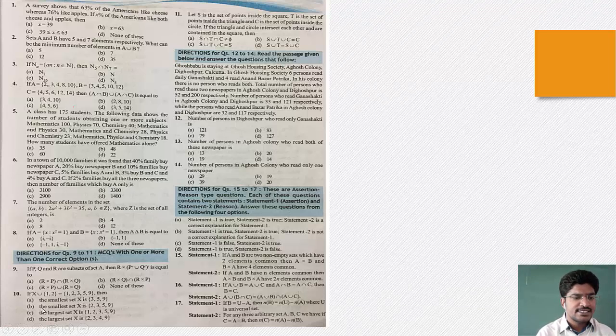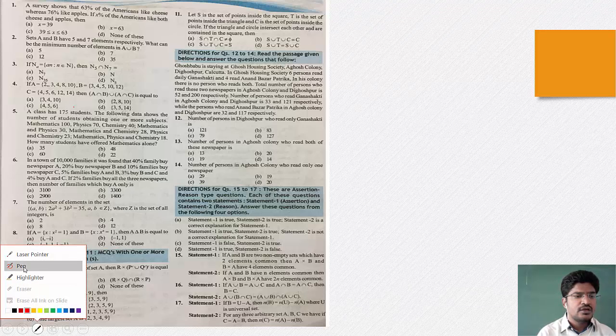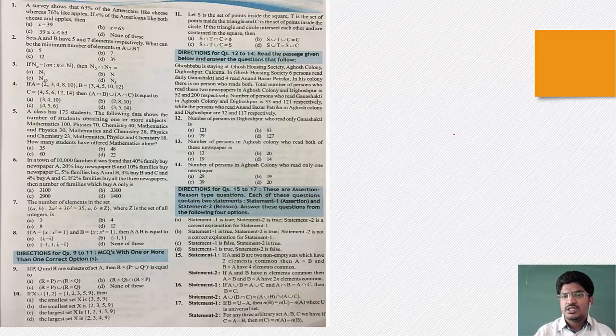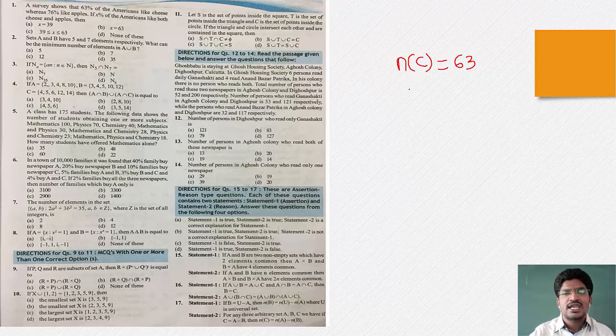So first let us see what all data is given. The number of people who like cheese is 63%, which means the universal set will have 100 elements. So let us take n(C) as 63. Next, n(A), the number of people who like apple, is 76.